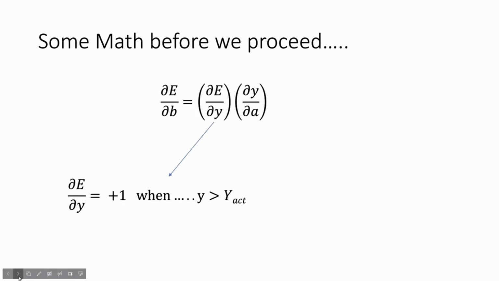We know the partial derivative of the loss function with respect to y: it is +1 when y is greater than y actual, -1 when y is less than y actual. And the partial derivative of y with respect to a is 2a, and similarly with respect to b it will just be 2b.